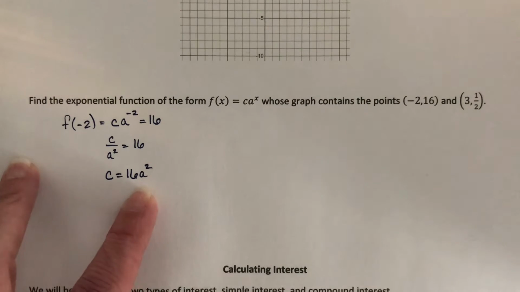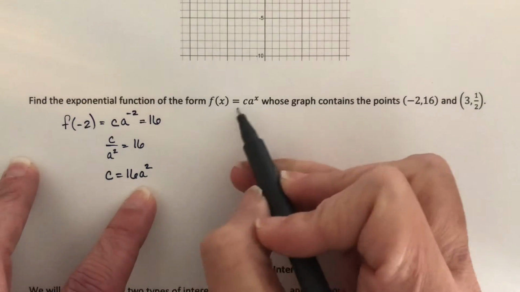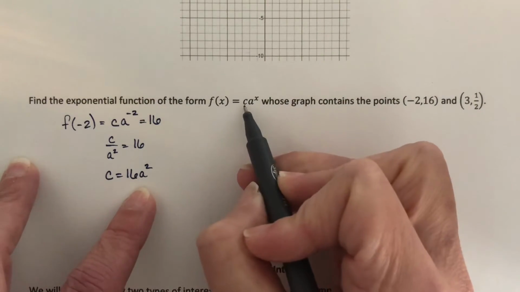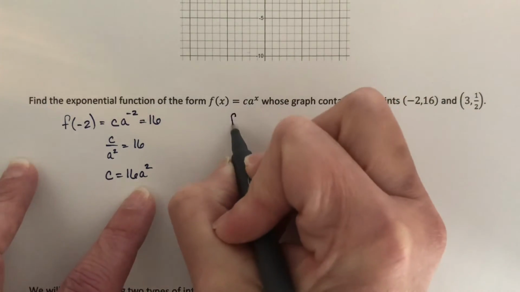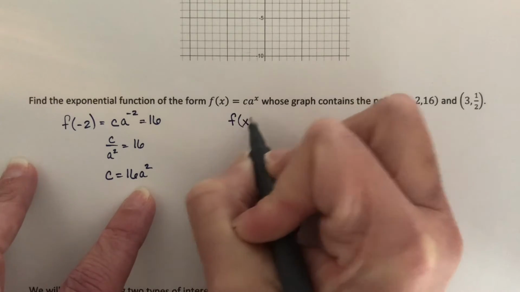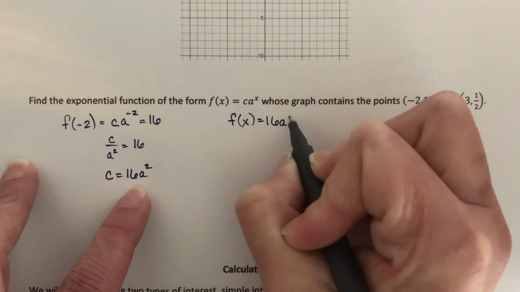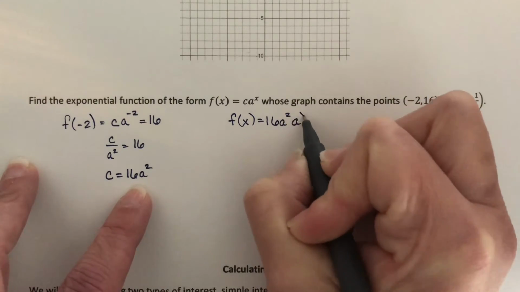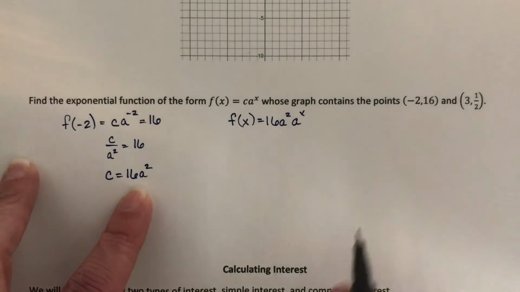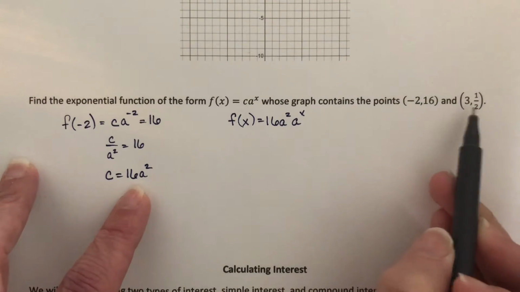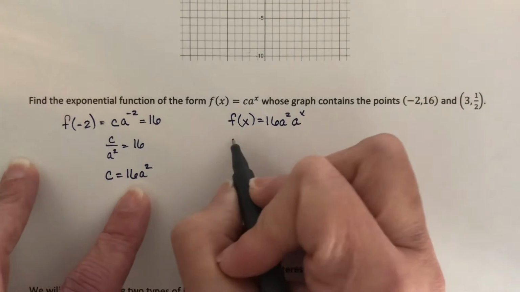Now I can use this right here to improve what I know a little bit. Now I'm going to use the other point. If I plug in 3, I should get 1/2.